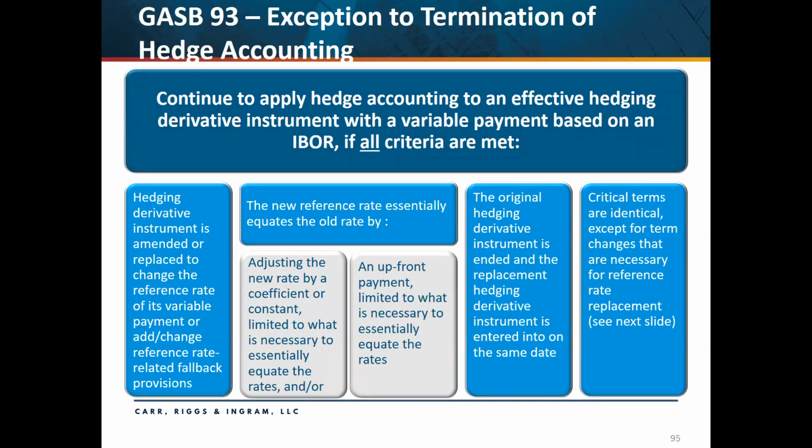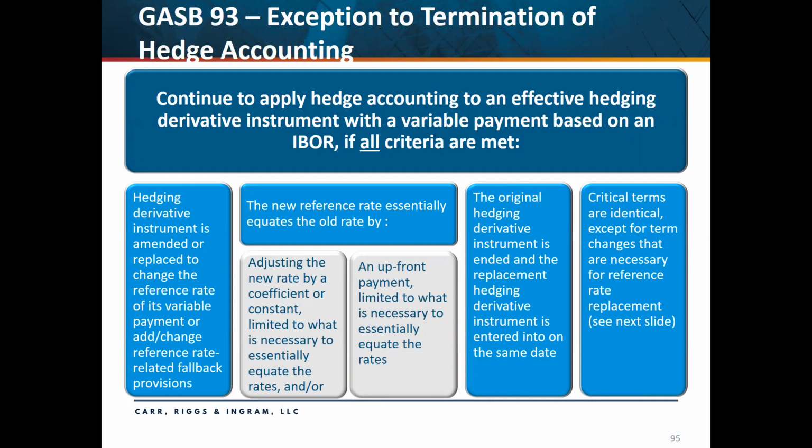With the exception of the below, there's going to be a termination of hedge accounting, which for me, I'm like, woohoo, I'm not a big hedge accounting person. But if all the below criteria are met, you do not have to do away with hedge accounting. So if the hedging derivative instrument is amended or replaced to change the reference rate of its variable payment or add or change reference rate related fallback provisions, if the new reference rate essentially equates to the old rate by either adjusting the new rate by a coefficient or constant or by an upfront payment limited to what is necessary to equate the rates.